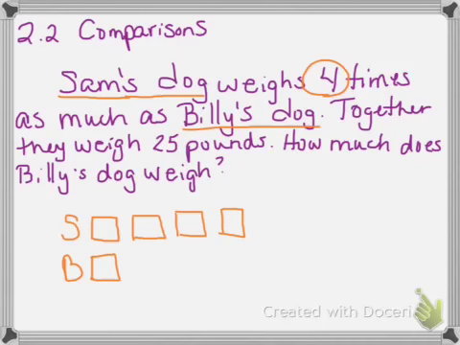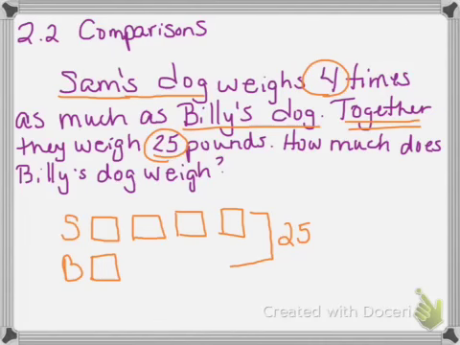So Billy gets 1 box, and Sam is 4 times Billy's. So Sam has 4 boxes. Then we know that together they weigh 25 pounds. So we're going to use a bracket to say that when we look at Sam and Billy's dog, they weigh 25 total pounds.